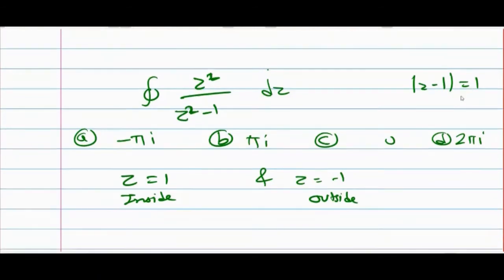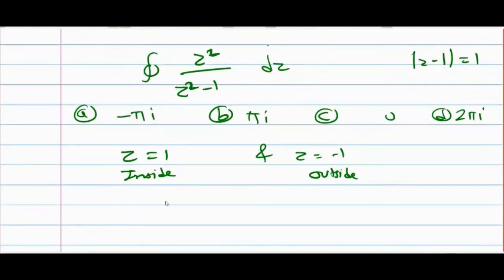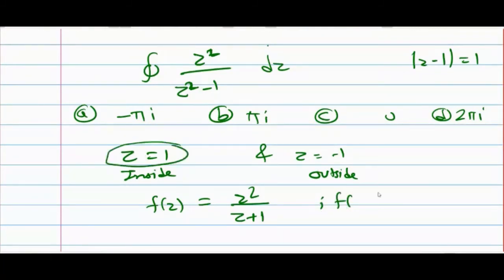So your f(z) becomes z square upon z plus 1. We calculate this at our inside point, f(1). So 1 upon 1 plus 1, that means 1 by 2. So 2 pi i into 1 by 2, that means pi i is the answer.